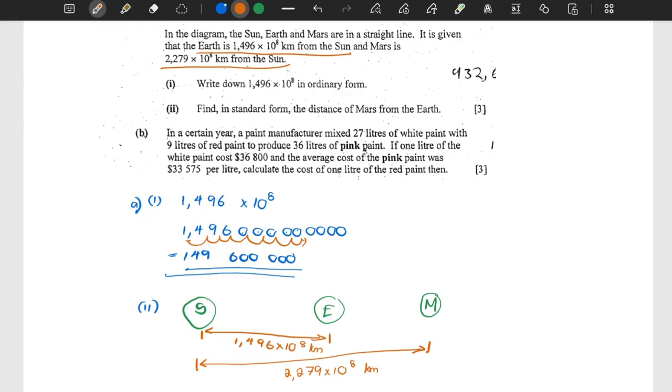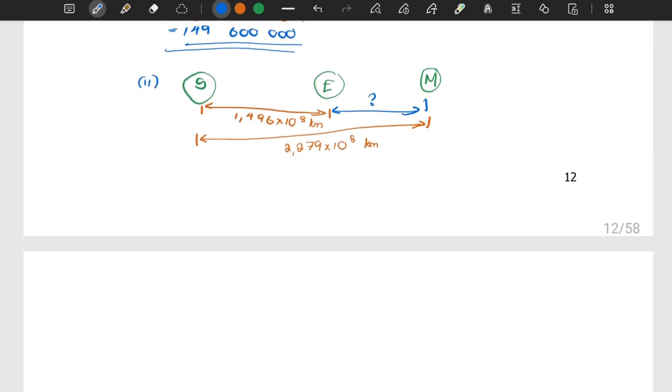And now we are trying to find this distance, Mars to Earth. Sorry. So that just means the difference between the two.